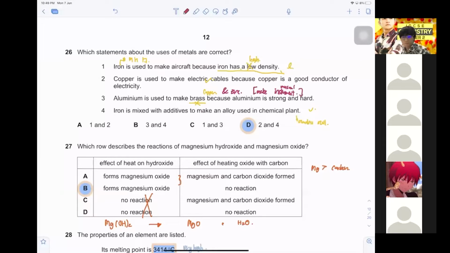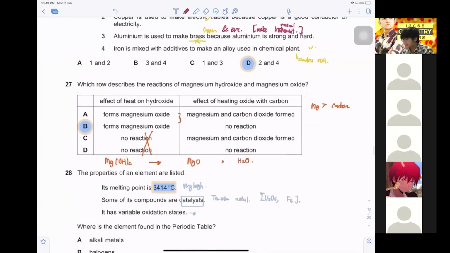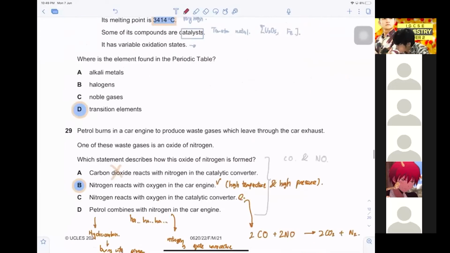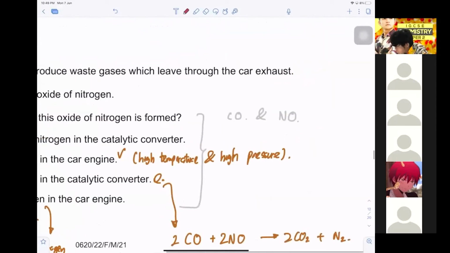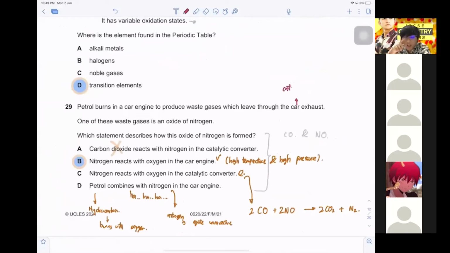Can you please teach more about the catalytic converter? Okay, the catalytic converter is basically in your car exhaust. Inside your catalytic converter, what do you have? You have this catalyst, platinum. I always tell my students, if you want to be rich, just steal any car exhaust and go and sell it. Inside got platinum.